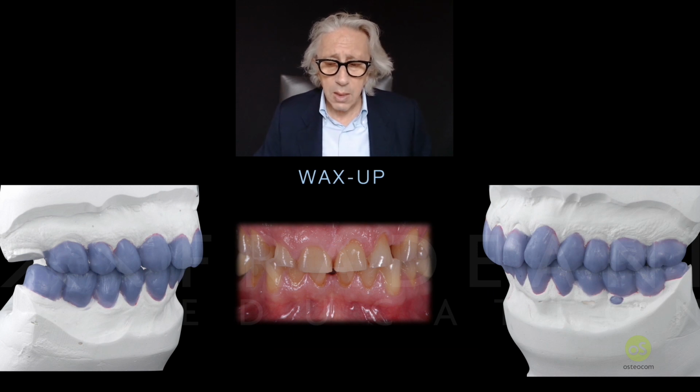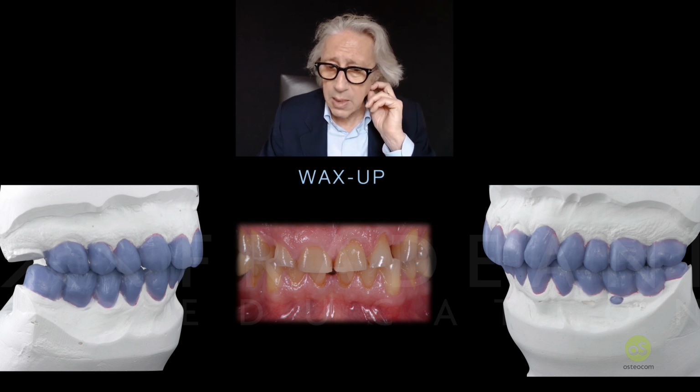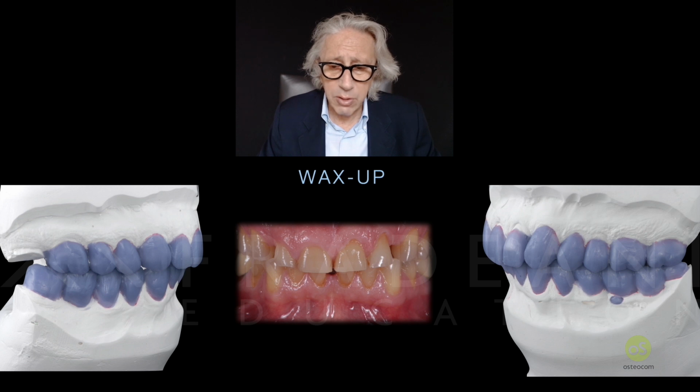So in this way, what you see here is the wax-up derived from all the information that the technician received. From the beginning to the final wax-up, you see there is a huge difference. The huge difference is not obtained by chance, but only by looking at all the parameters, aesthetic and functional, that we have seen together.